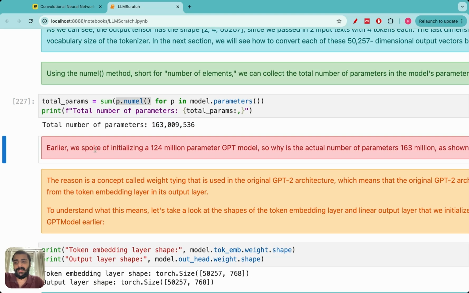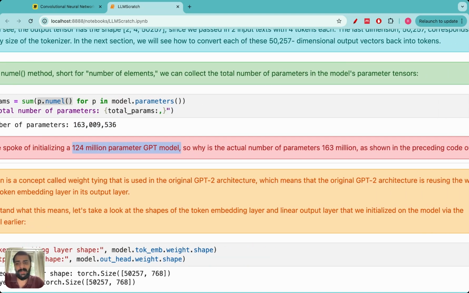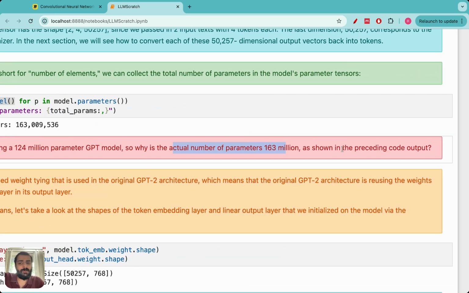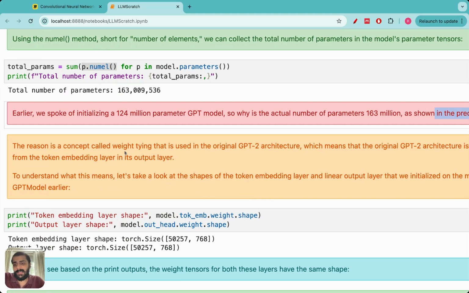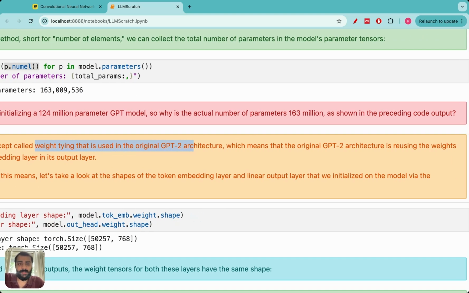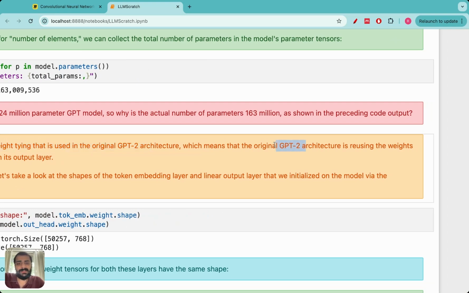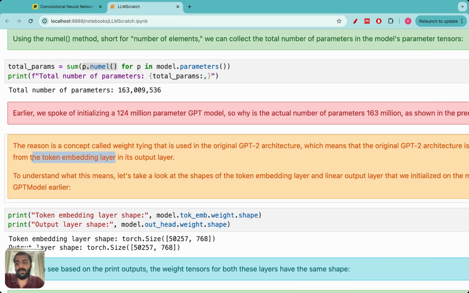You might be thinking, earlier we spoke of initializing a 124 million parameter GPT model, right? So why is the actual number of parameters 163 million? Why is it so much higher? This relates back to a concept called weight tying that is used in the original GPT-2 architecture. The original GPT-2 architecture reuses the weights from the token embedding layer in its output layer.